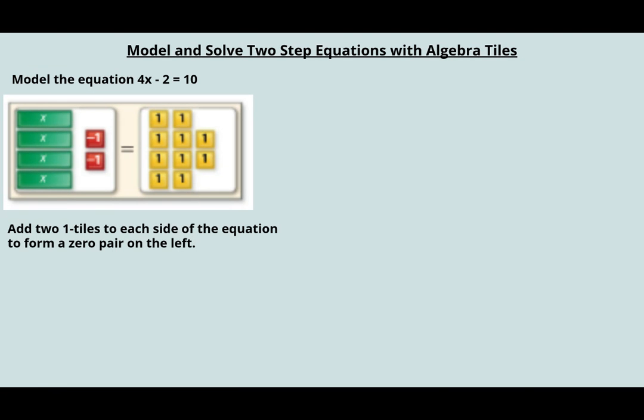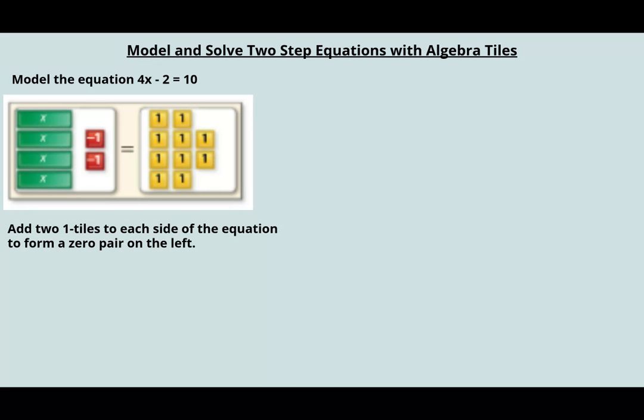To figure that out, I need to add 2 positive 1 tiles to each side of the equation to form a zero pair on the left, because remember, we want to get rid of whatever number does not have a variable. We see that the x's are represented, but I want to get rid of those 2 negatives.